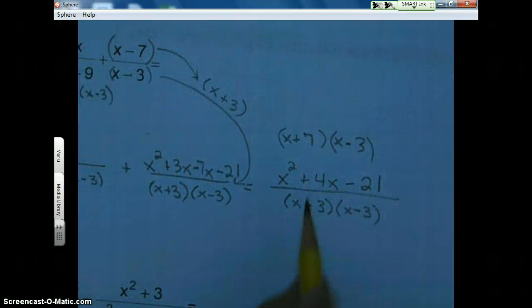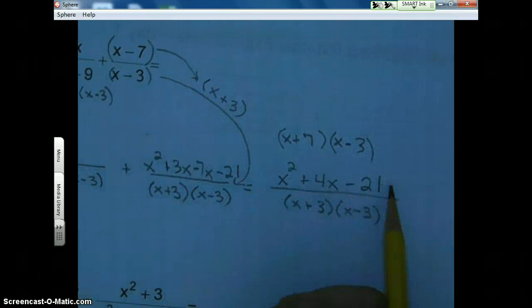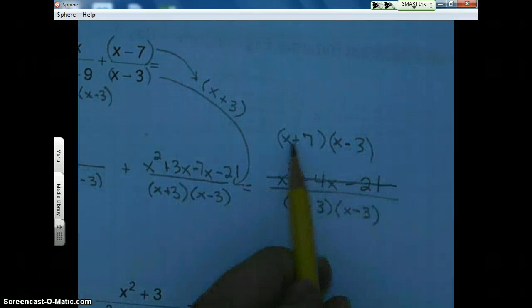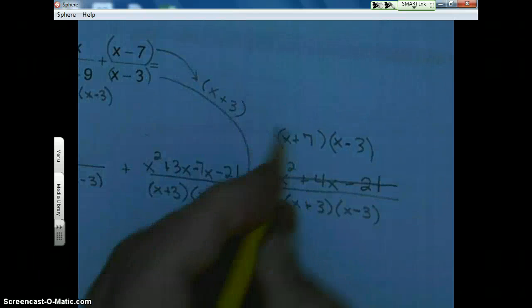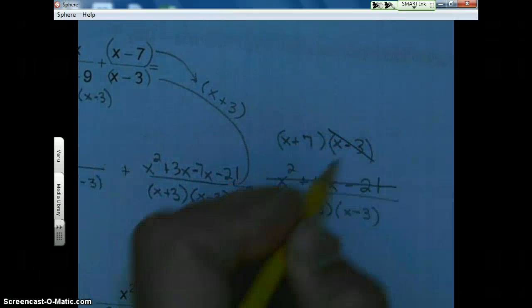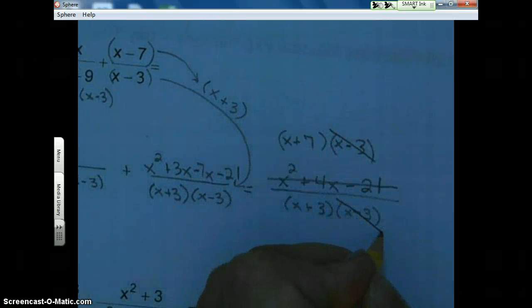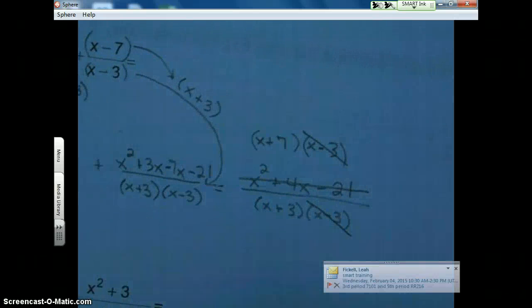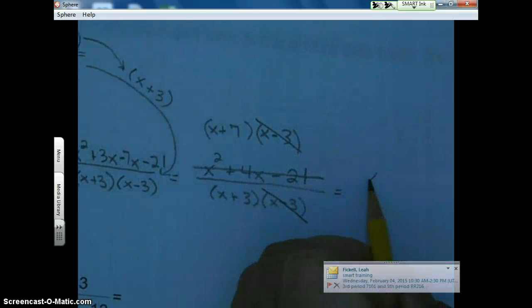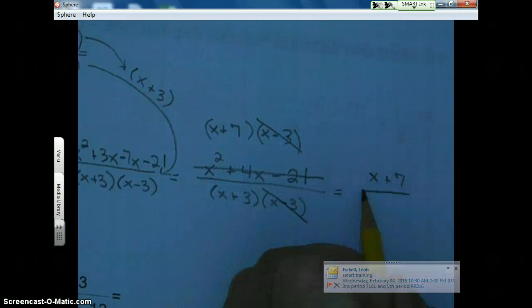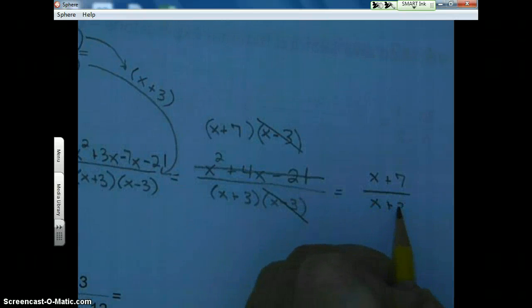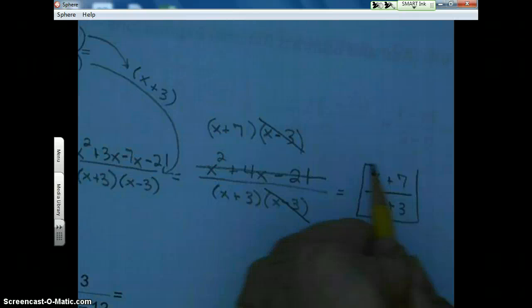Now, this becomes that. Why? Well, I'm trying to simplify my answer. Those cancel, so we get x plus 7 on the top, x plus 3 on the bottom, and we're done.